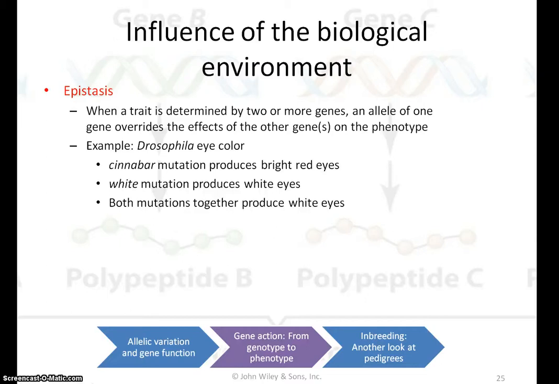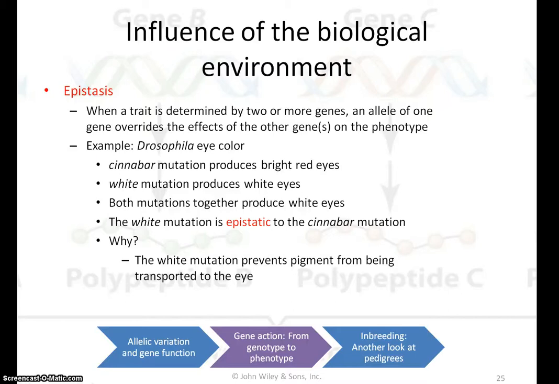Keep in mind that the cinnabar mutation produces bright red eyes. However, the white mutation produces white eyes. But flies that have both mutations will actually have white eyes. The reason for this is that the white mutation is epistatic to the cinnabar mutation. The white mutation essentially overrides the effects of the cinnabar mutation.